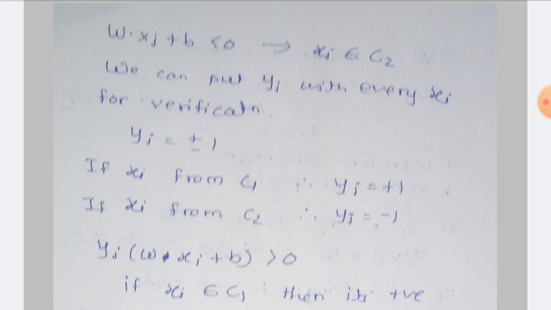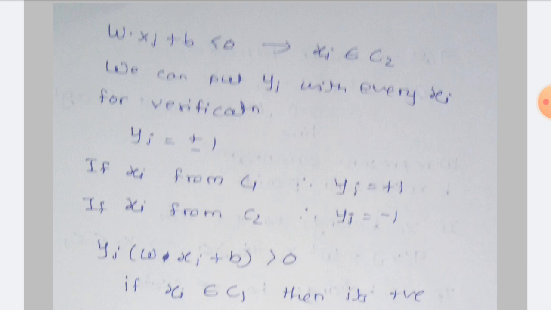Any positive value multiplied by plus 1 gives a positive value, greater than 0. Now consider a data point xi from class 2. Then W dot xi plus b is a negative value, less than 0. But for that class, yi is minus 1. So minus 1 multiplied with a negative value again gives a positive value, greater than 0.